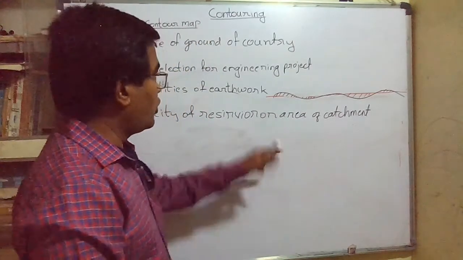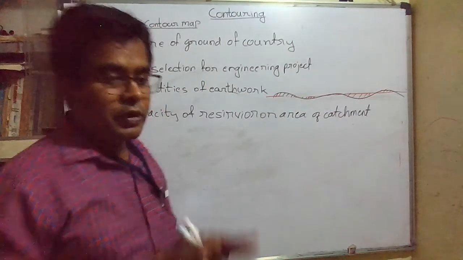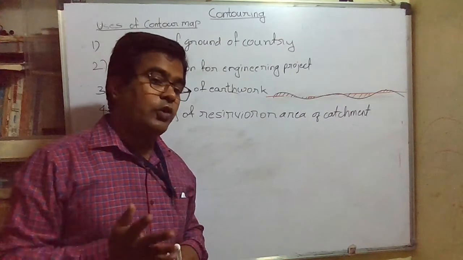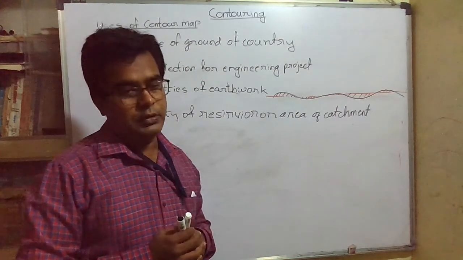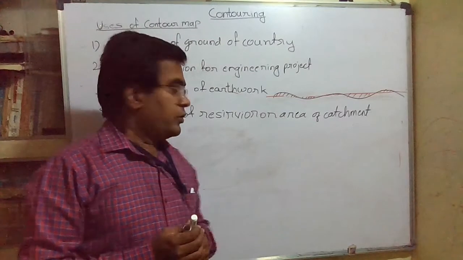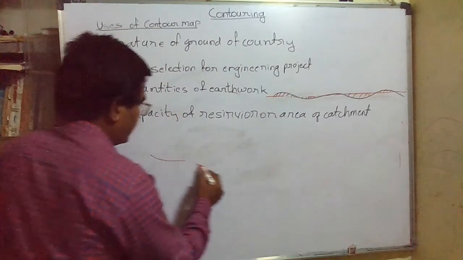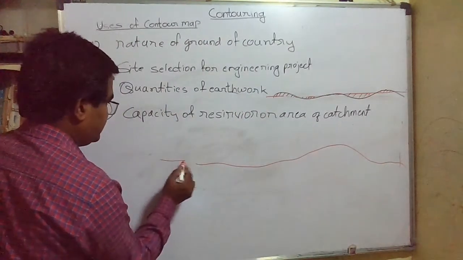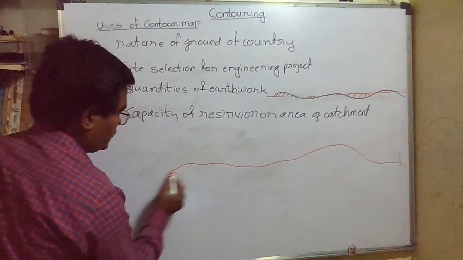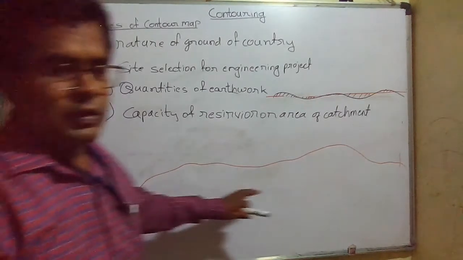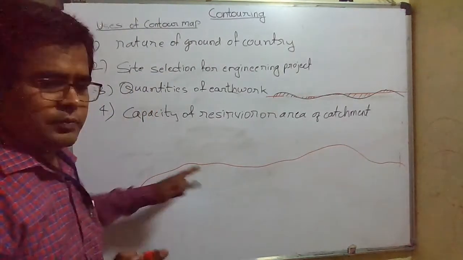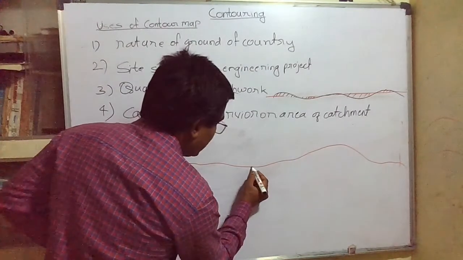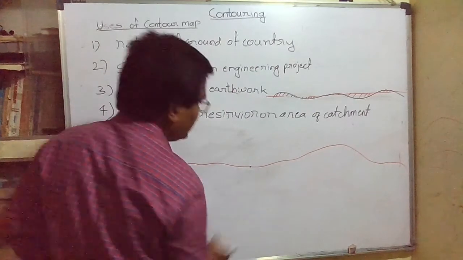Now, talking about the area of catchment. The area of catchment is a particular area or portion from which rainwater contributes to a particular river. Suppose there is an area with a nature of ground like this, and one river is flowing through this area. This is the river.